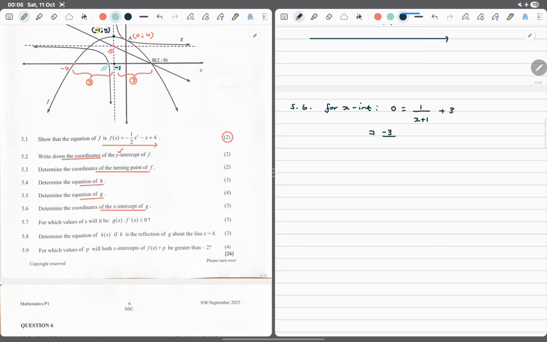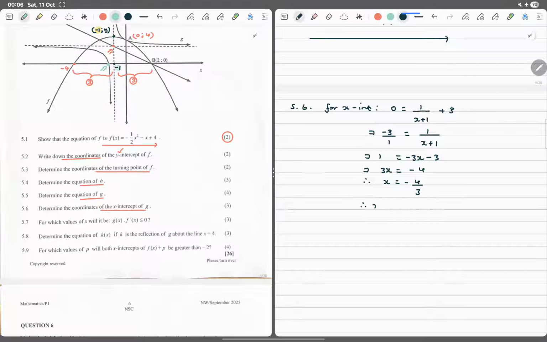We transpose the 3, we get minus 3 over 1 equals 1 over x plus 1. We cross multiply, we get 1 is equal to minus 3x minus 3. So this implies that 3x is going to be equal to minus 4. Therefore, x is going to be minus 4 over 3.